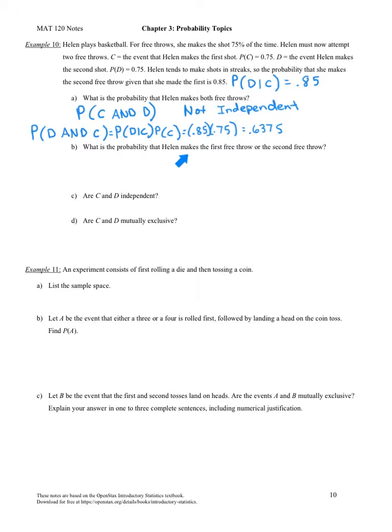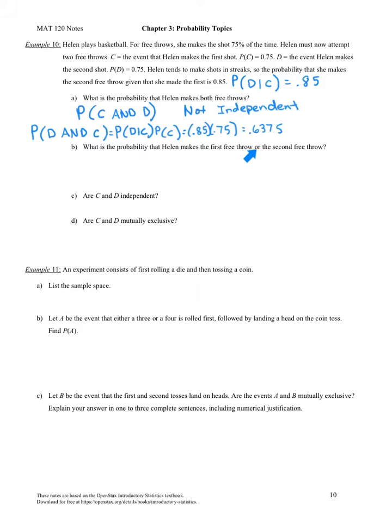What is the probability that Helen makes the first free throw or the second free throw? Notice the word "or" here. Would that be the addition property or the multiplication property that we need to use? Well, the "or" term means we need the addition property.